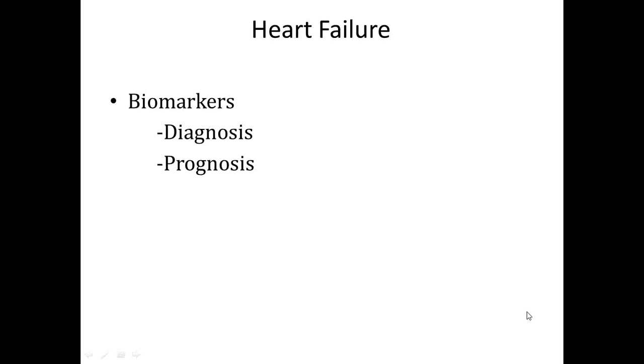We also married the grading system with the New York Heart Association classification. It's good to go over that so you can get an appreciation.